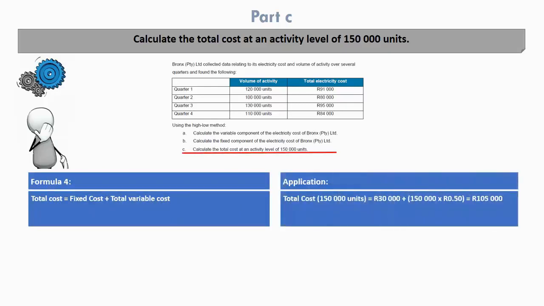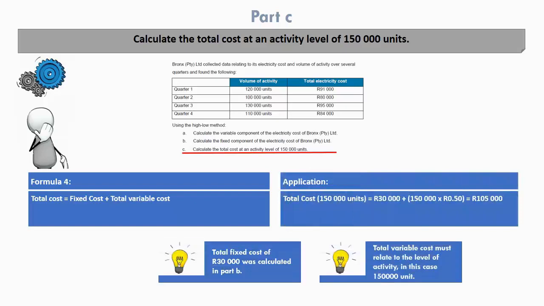At an activity level of 150,000 units, the total cost is 30,000 rand plus 150,000 units multiplied by 50 cents per unit. And this is 105,000 rand.